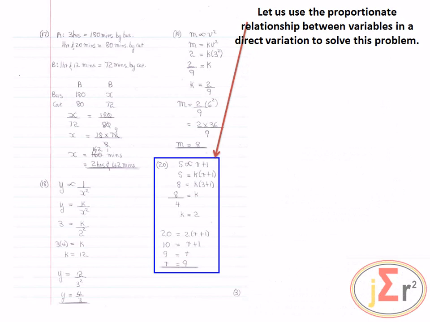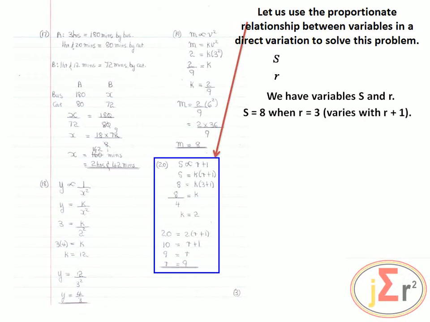Let us use the proportionate relationship between variables in direct variation to solve this problem. We have variables s and r. S is equal to 8 when r is equal to 3. What do we put? 3 plus 1. Why 3 plus 1?